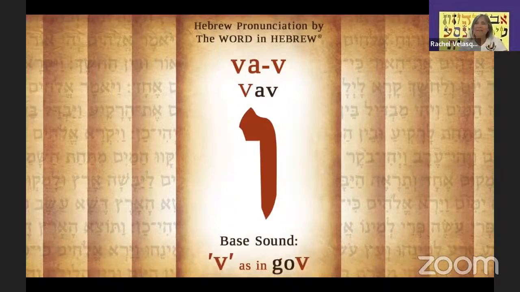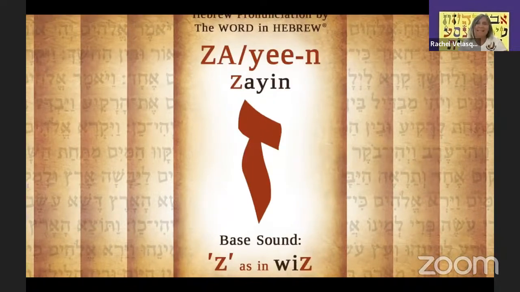This is the letter vav, and it is a V sound, as in gov. This is zayin. It is the Z sound, as in whiz.